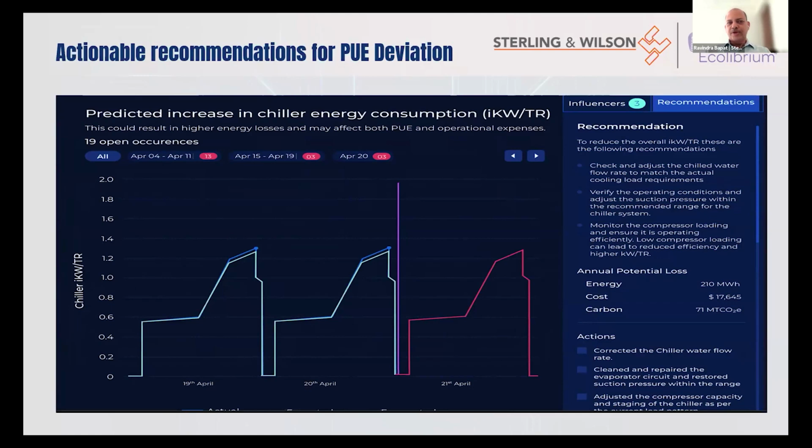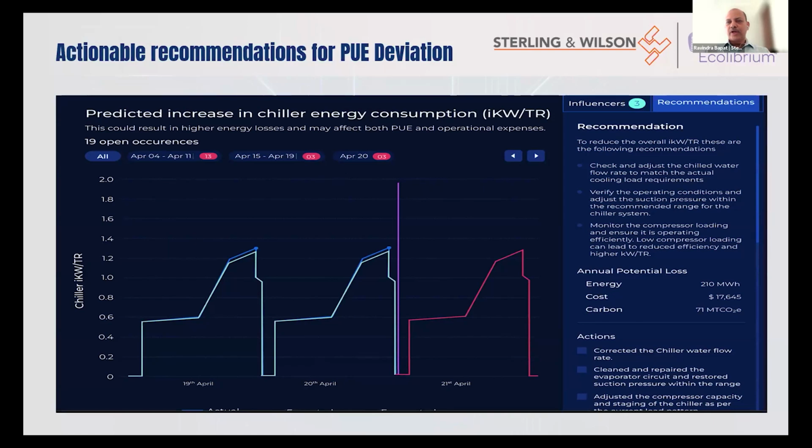And it is showing that it is probably on the increase, or there is a possibility that it is rising, and it is giving a recommendation on what you should do. So as I said, it is not stopping at telling you that something is going to go wrong, but also what can go wrong, what the probable reasons are, and what actions to take. So it's actionable insights which the platform generates.